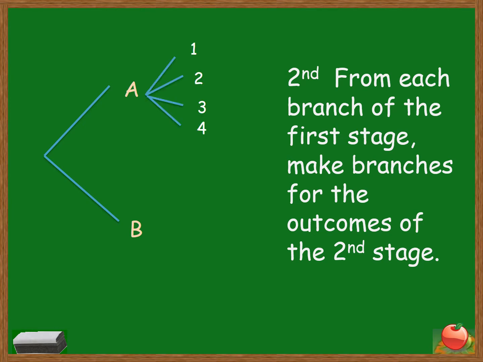So I could get a 1, 2, 3, or 4 on the die after I spun an A, or I could spin a B and get either a 1, 2, 3, or 4. So we have all the possible outcomes here from the sample space.